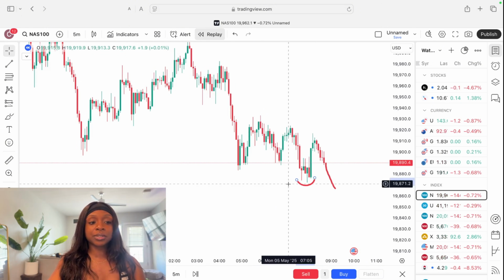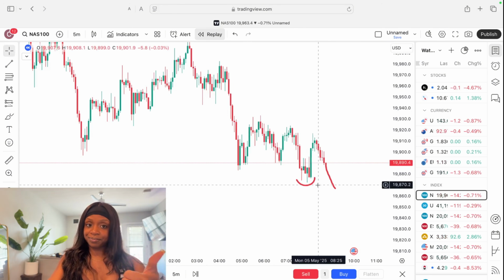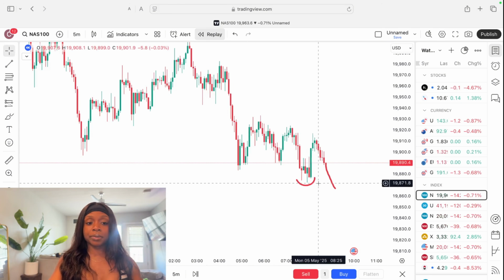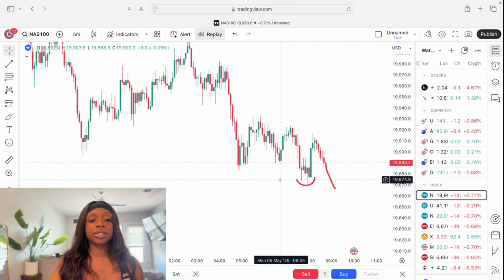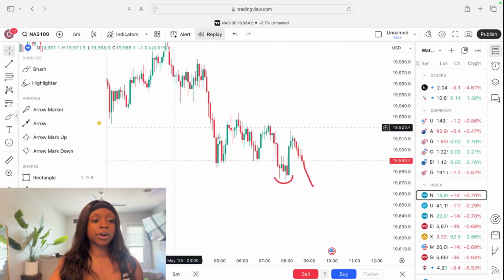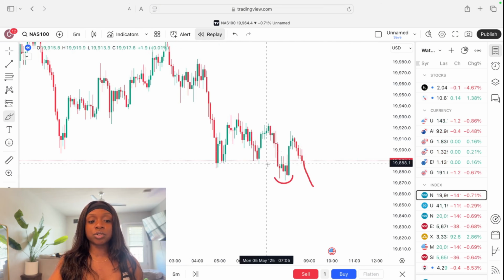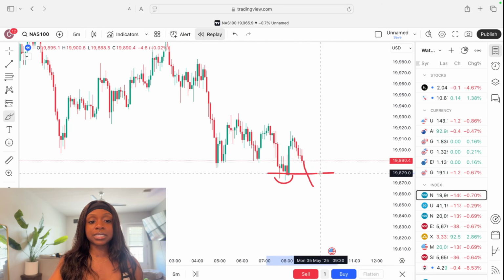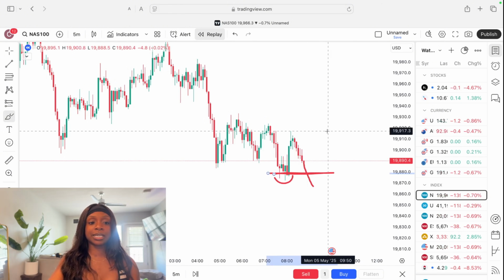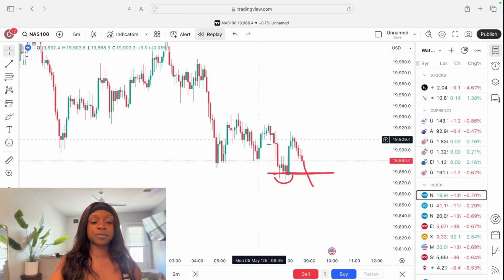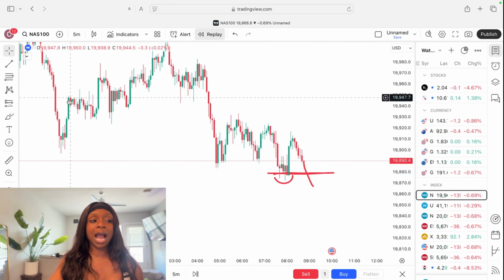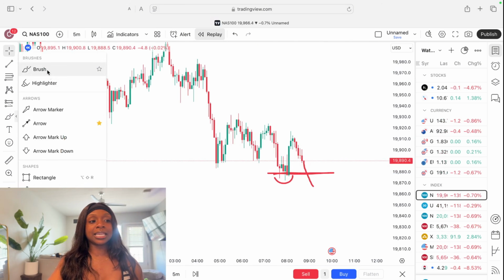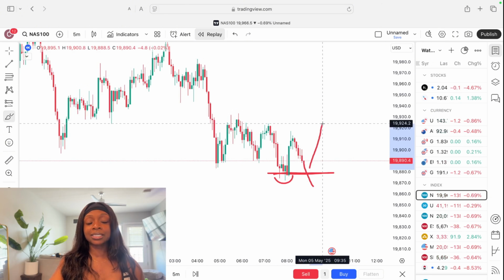If price can do that, I'm going to stay on the bearish side. If we fail to do that and form some sort of support here, I'll have to start back from square one and reanalyze what the market wants to do. Because if we start breaking structure to the opposite side, my whole game plan has to change.